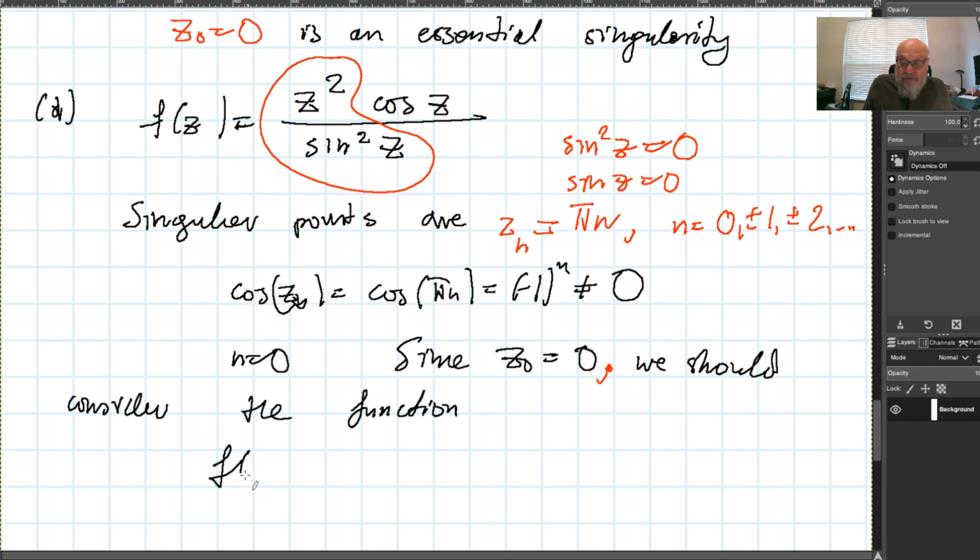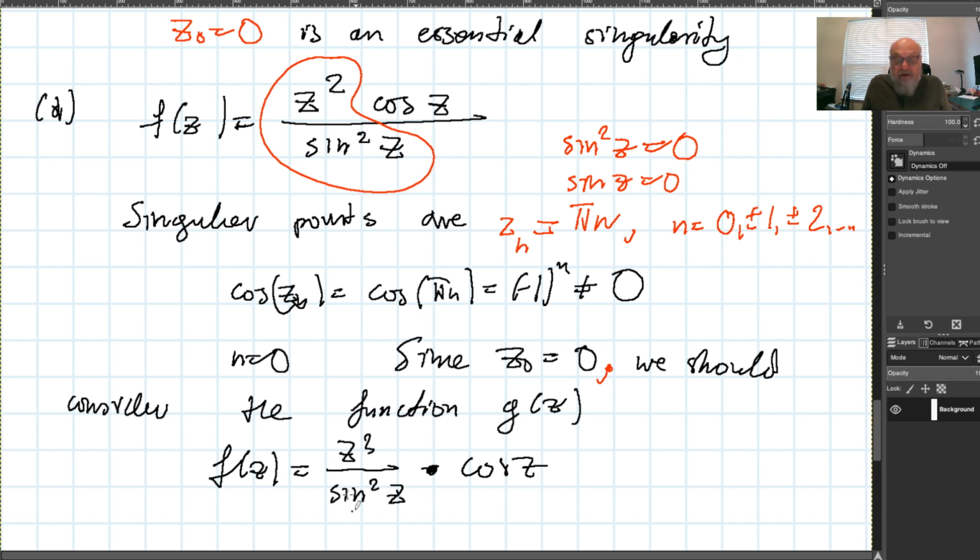Write it down: f of z equals g of z times cosine of z, where g of z is z squared divided by sine squared z.